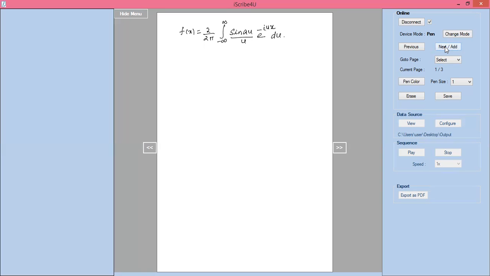If I cancel this 2, you will get f of x equal to 1 by pi into integration from minus infinity to plus infinity, sine au divided by u into e power minus iux into du.